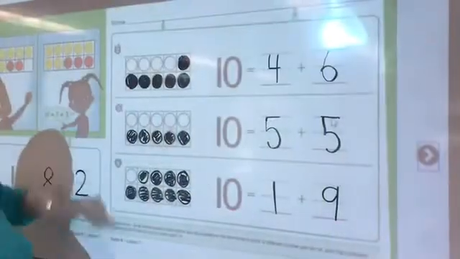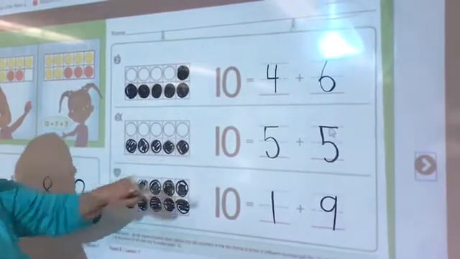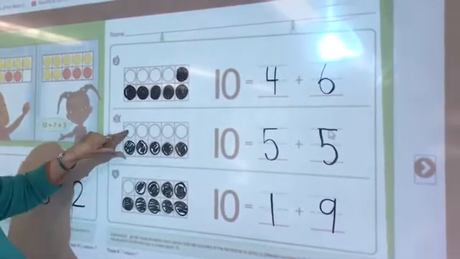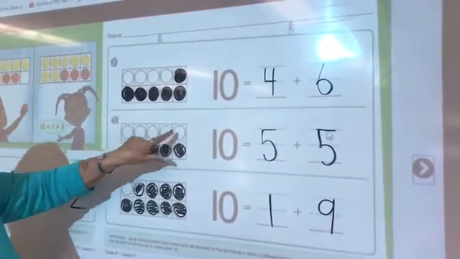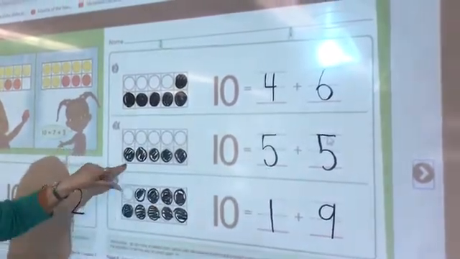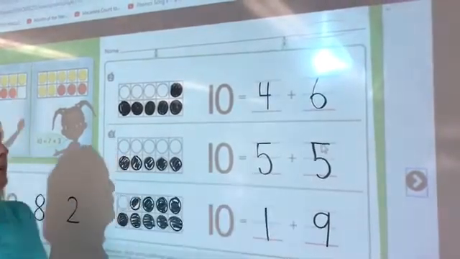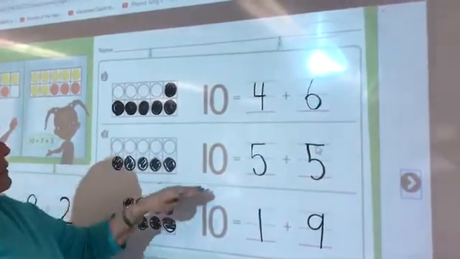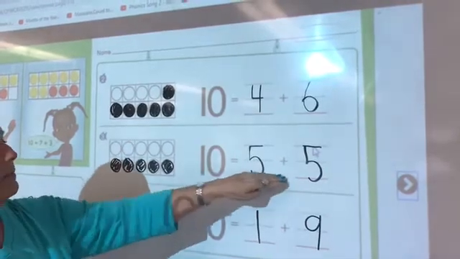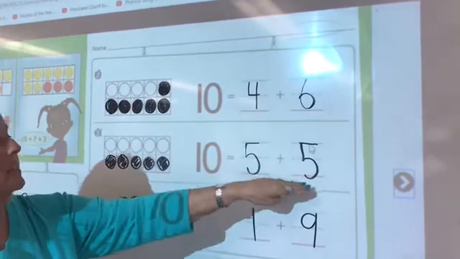For the second one, which is number 3 with the fish, we have our 10 frame, we have 1, 2, 3, 4, 5 in the first set. You should have written the numeral 5. And in the second set, also 5, and you should have written numeral 5. Let's read our equation together. 10 equals 5 plus 5. Read it with me. 10 equals 5 plus 5.